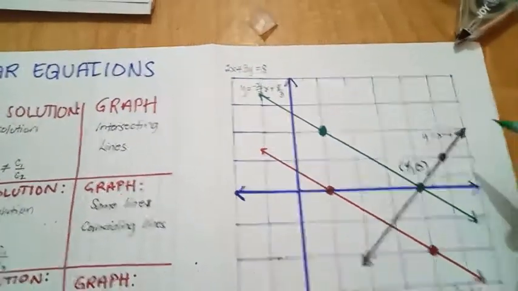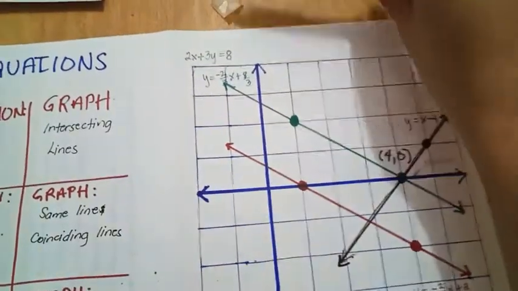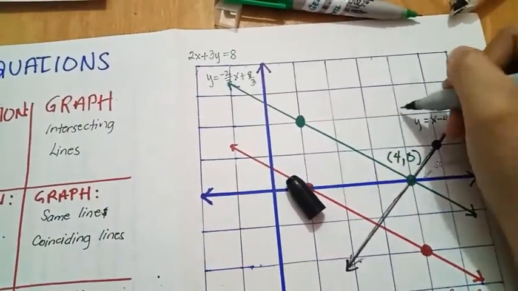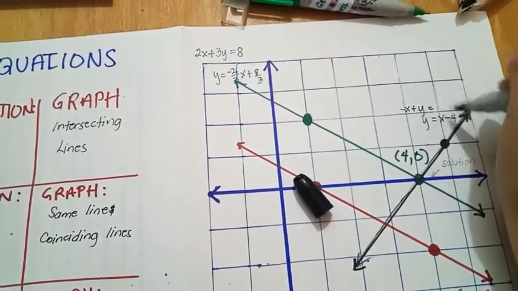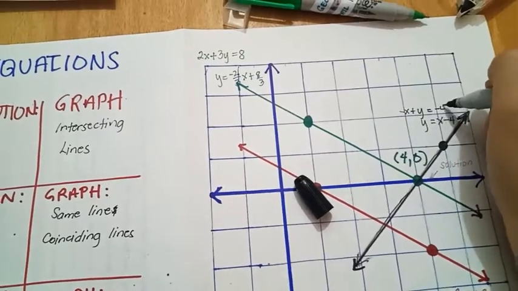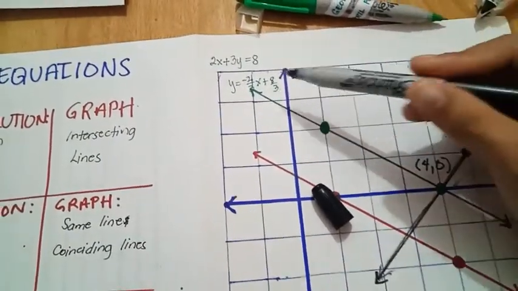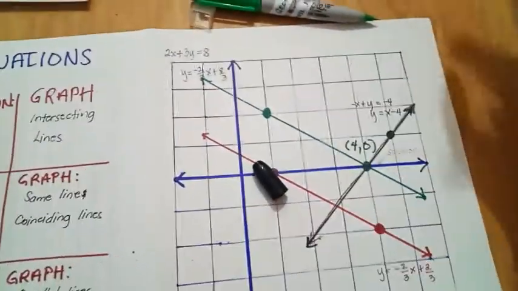Okay? Then, for the other one, just transpose x to the other side. It will become negative x plus y equals negative 4. So, this equation is its standard form. And if you compare the ratio, let us write its ratio on one side.